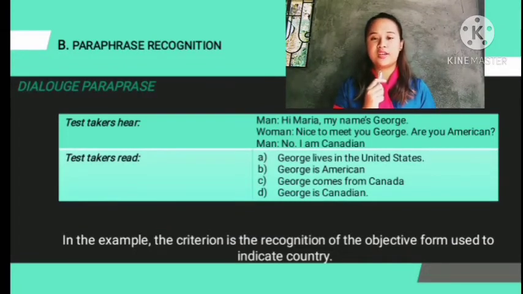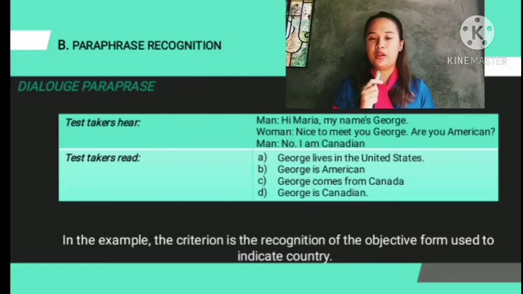The test takers hear "Hi Maria, my name's George." "Nice to meet you, George. Are you American?" "No, I am Canadian." Then the test takers read or paraphrase it as "George lives in the United States," "George is American," "George comes from Canada," and "George is Canadian."